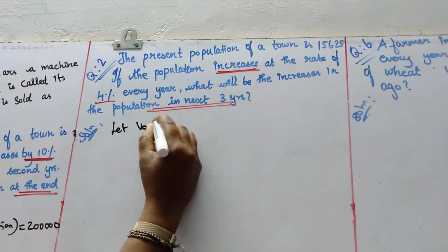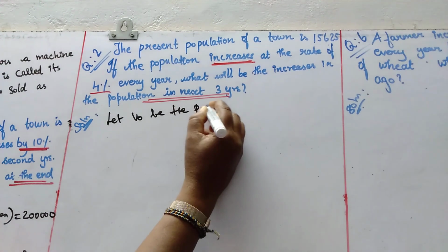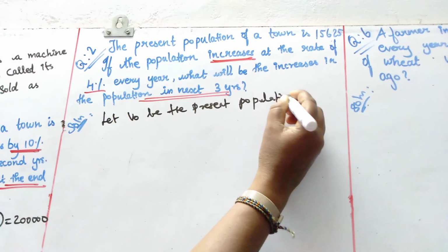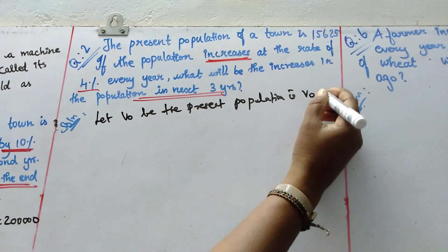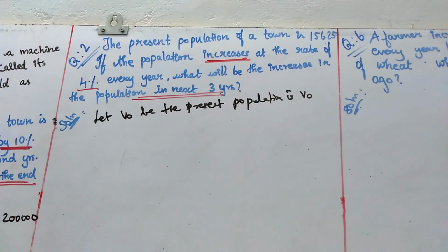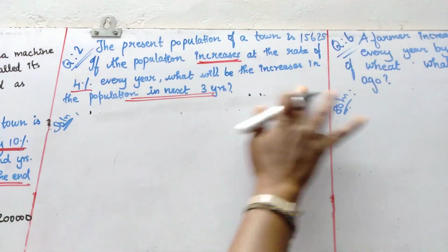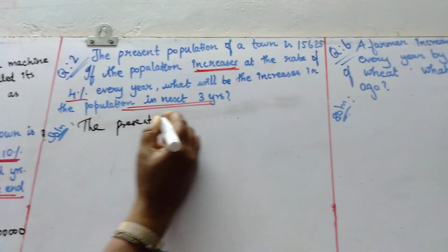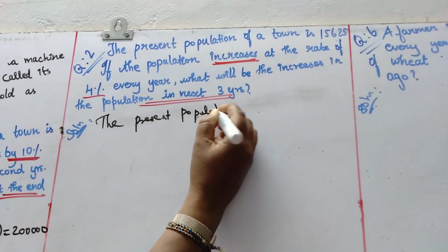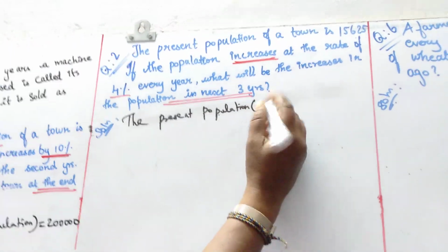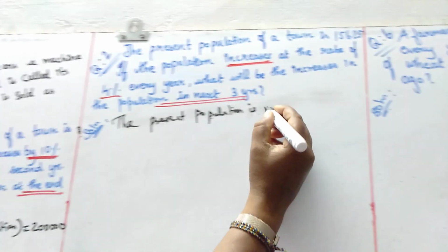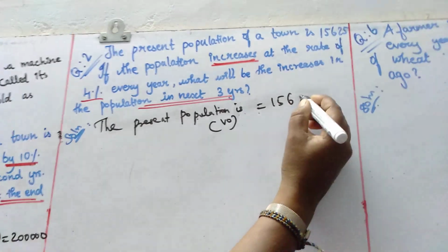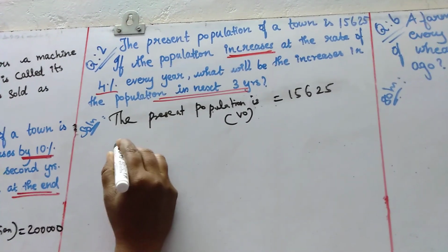Let V naught be the present population. The present population is V naught, which is equal to 15,625.